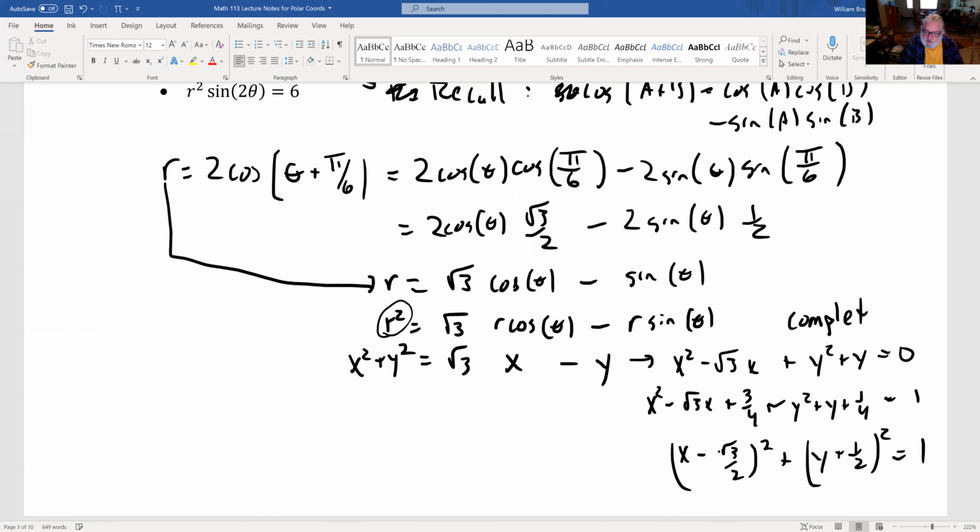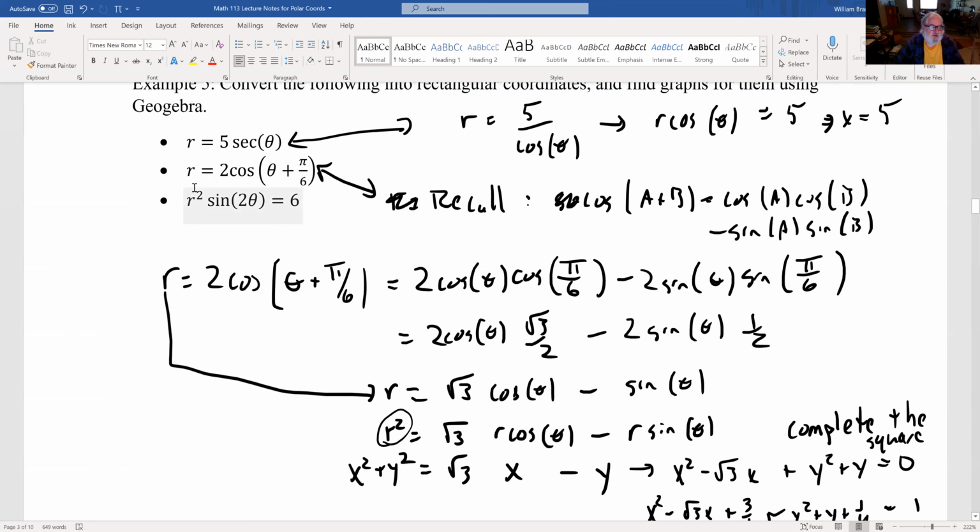In algebra, you should have seen completing the square. I'm not going to go through it in detail because we don't really need it, but you can see that this turns out to be a circle. So generally, if you have r equals something times cosine or something times sine, it's going to be a circle.